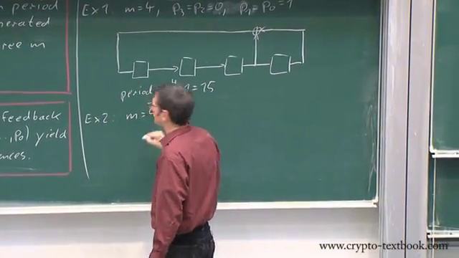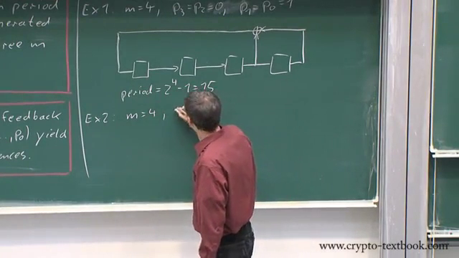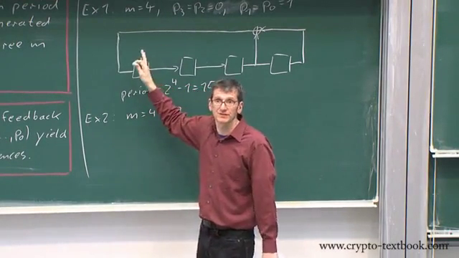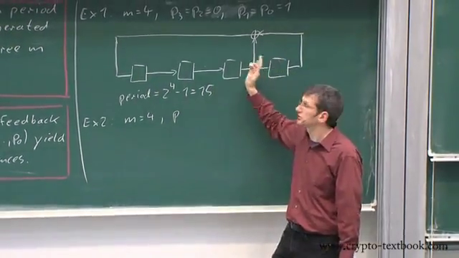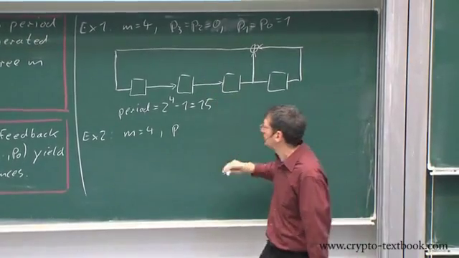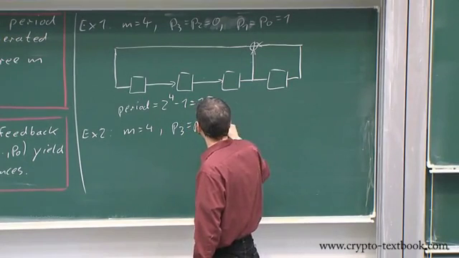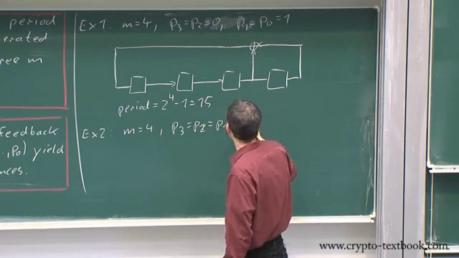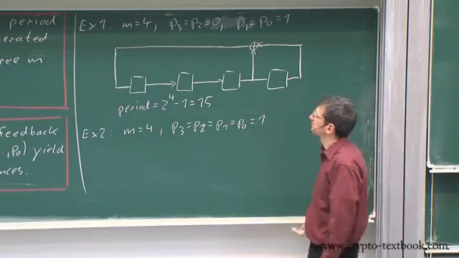Again, degree 4, so 4 flip-flops. But this time, we close all the switches. We make it really complicated, right? Here we only closed 2 switches, 2 were left open, now we close all ones. So that means P3 is equal to P2 is equal to P1 is equal to P0, and they're all 1, okay?